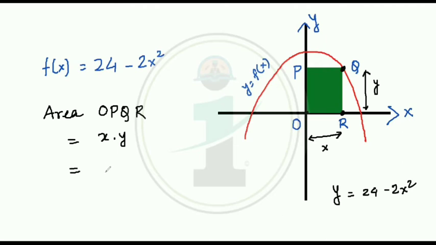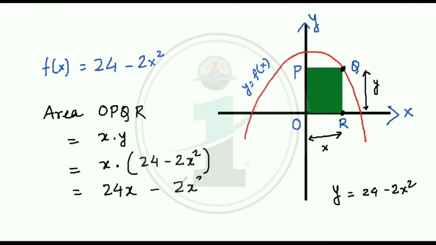You can just replace y with 24 minus 2x squared. So I write x times (24 minus 2x squared). I just distribute the x over here, so I get 24x minus 2x cubed. Okay, so this is the function.